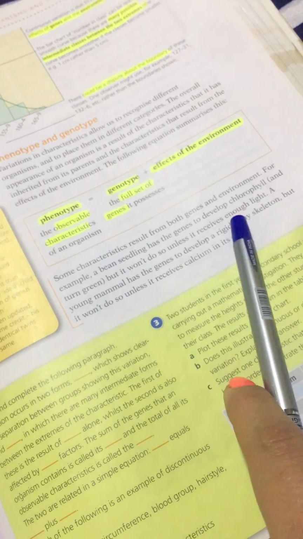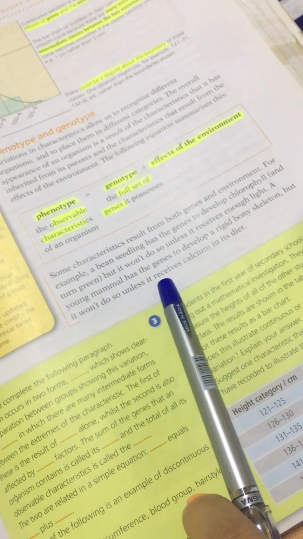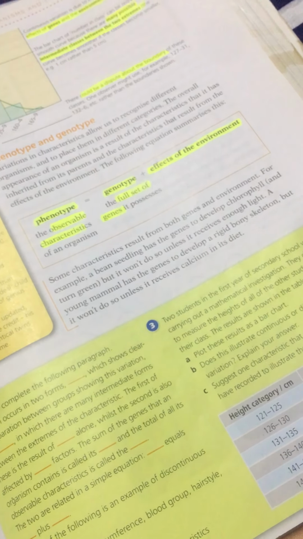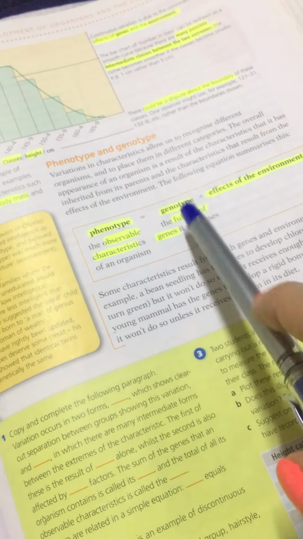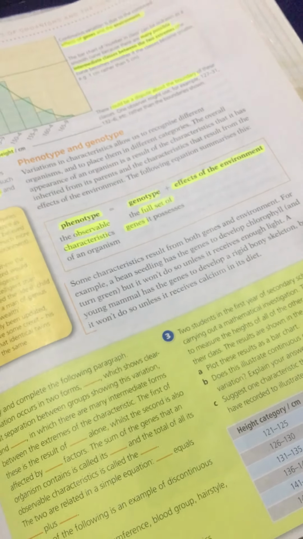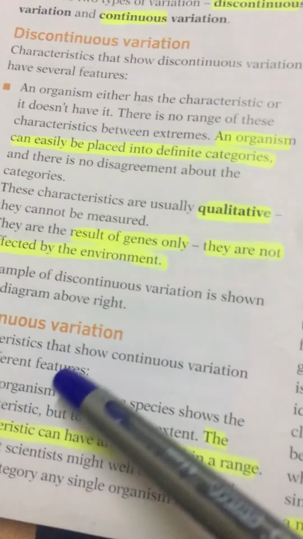To develop the bony skeleton, the child will receive calcium in its diet. The most important thing that you have to know is that phenotype is affected by genotype and the environment, and it is an example, or a feature, of continuous variation. Okay, thank you for listening and good luck.